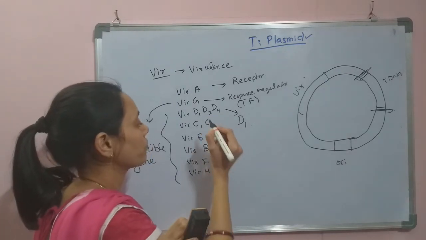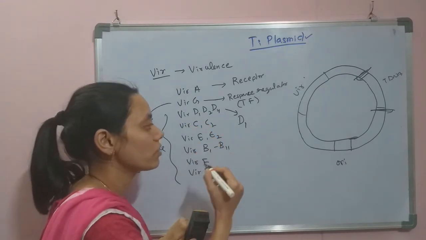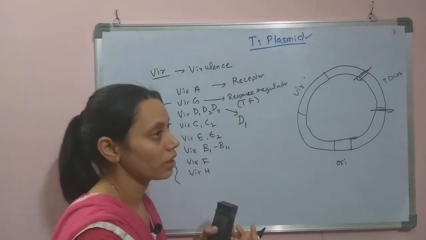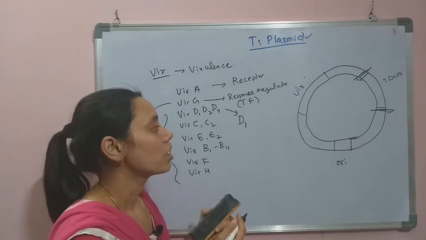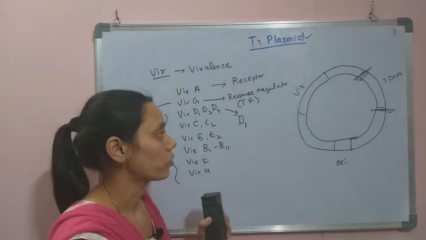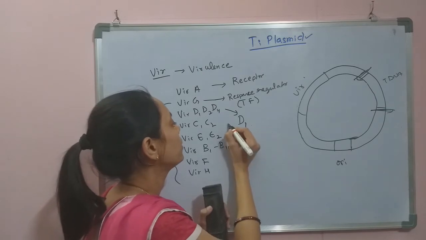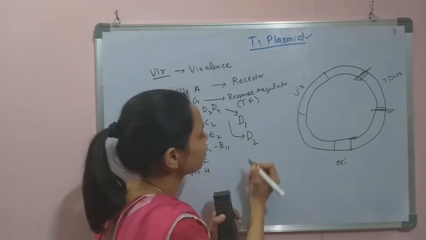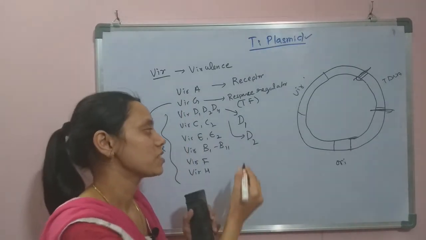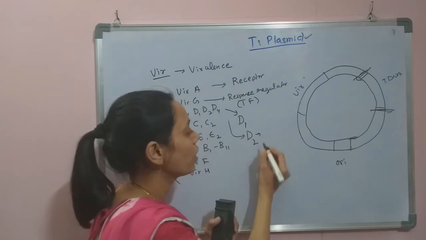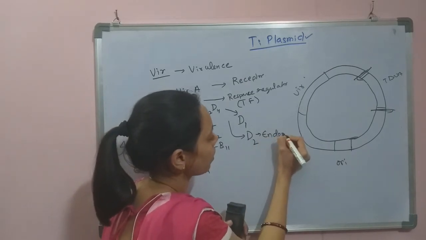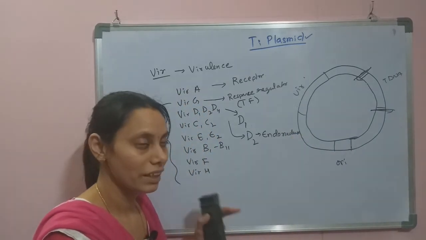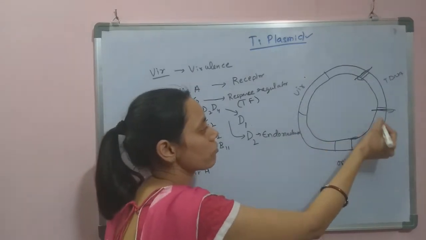That means the Vir D1 gene is responsible for the production of a topoisomerase, that is the Vir D1 protein, which will detect the left and right borders, and it influences the binding of D2 with the border. That means this D2 acts as an endonuclease. So it will cleave the T-DNA portion at the right and left borders.